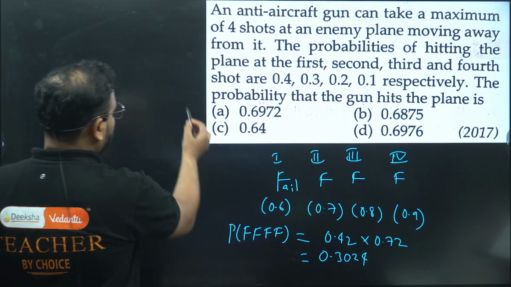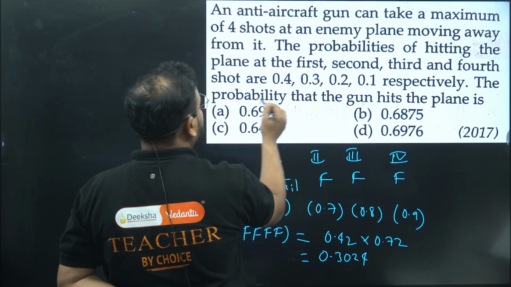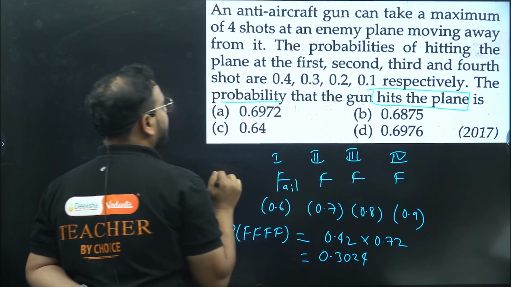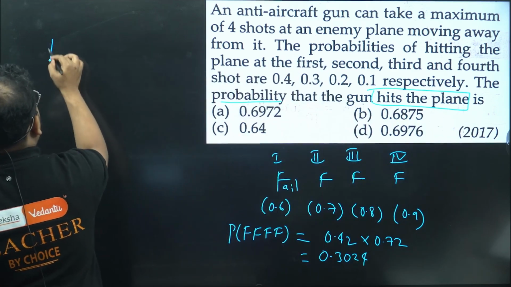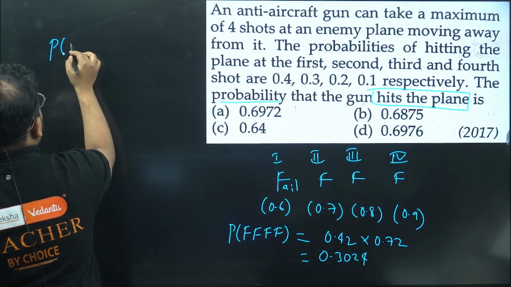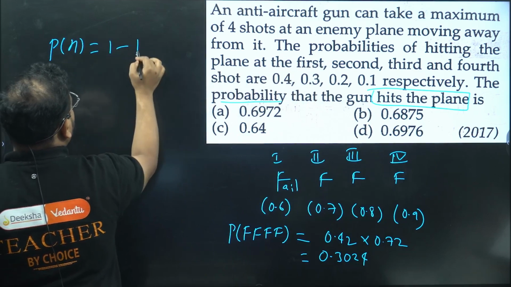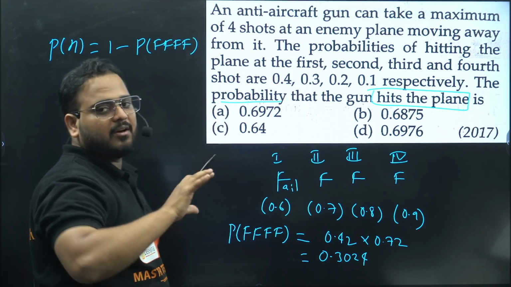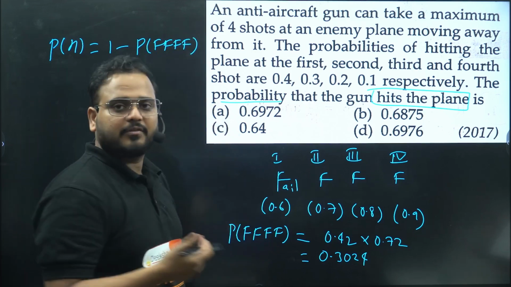Okay, so I'm looking for the probability that the gun hits. It means the probability of hits will become 1 minus all fails. If you remove the chances of all the fails from the entire probability, I'll get the chances of hits, right?